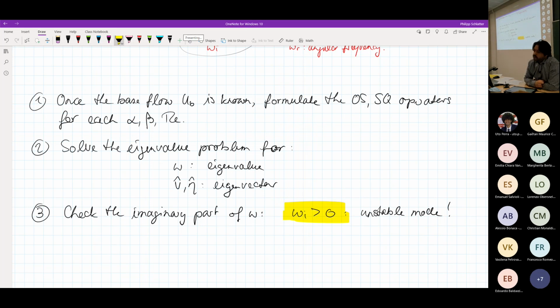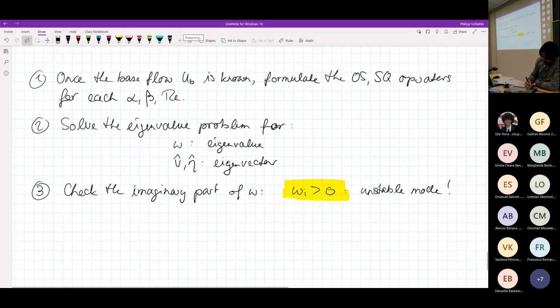Yes or no? If yes, I'm unstable. If no, I'm stable. So that's the sequence. I calculate the base flow, I formulate our Orr-Sommerfeld, I solve the problem, and I check my eigenvalues. That's the way a linear stability problem is always proceeding. It starts with the base flow, and at the end I check imaginary parts of eigenvalues. That's how it's being done.